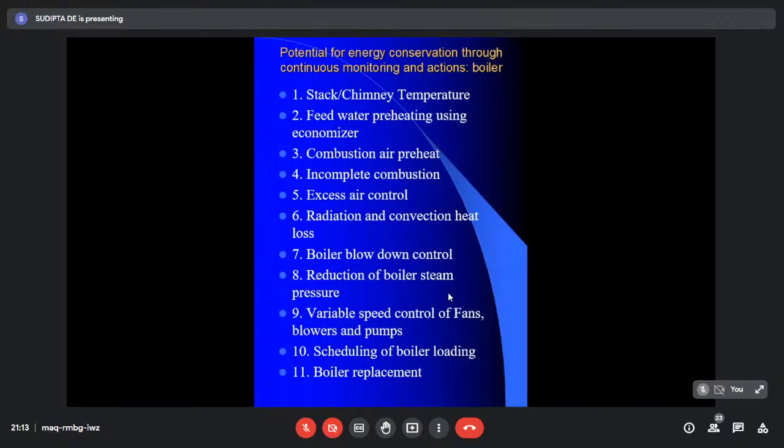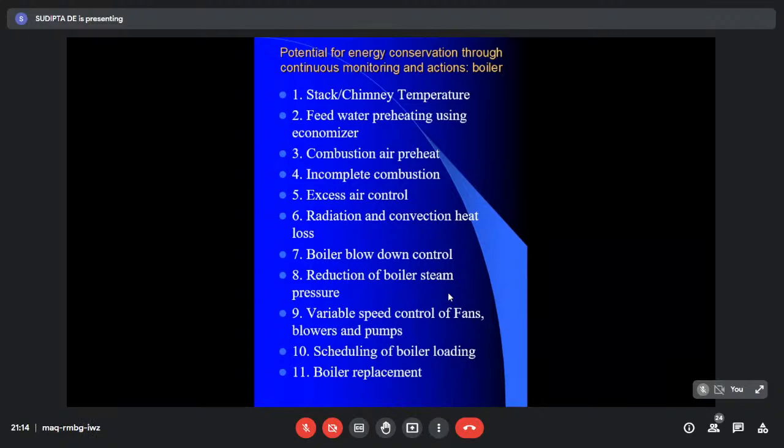Number 8, reduction of boiler steam pressure. What do you mean by this? Just write down: boiler efficiency is maximum at its designed pressure. Full stop.